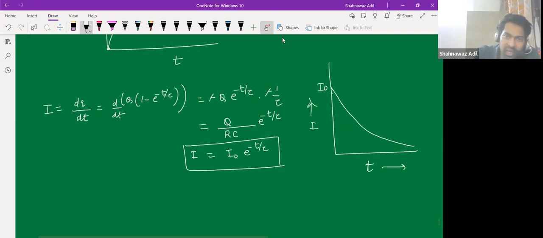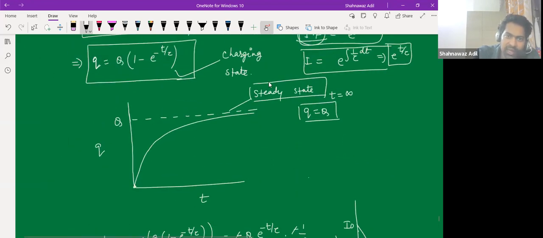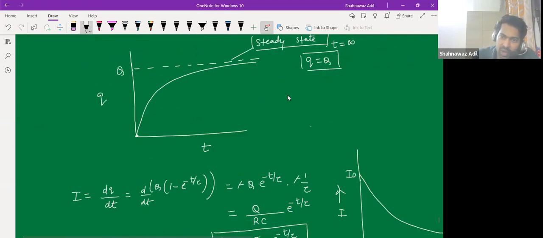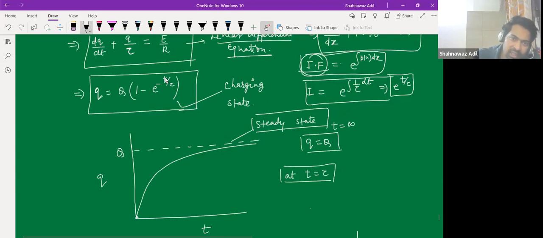But we have a particular time, right? At t equal to tau, what will happen? At t equal to tau, tau by tau is 1, so the exponent is minus 1.